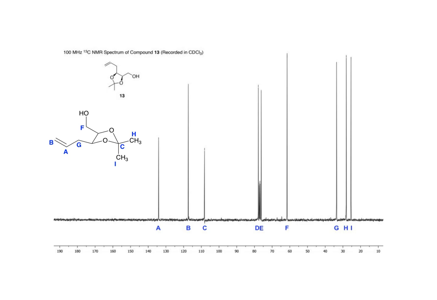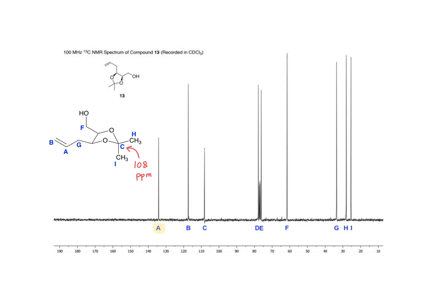The ring strain correlation can also help us distinguish between 6-membered ring acetonides around 100 parts per million and the more strained 5-membered ring acetonides, where the chemical shift tends to be closer to 110 parts per million. I've also made some tentative assignments to the carbon spectrum of this compound.